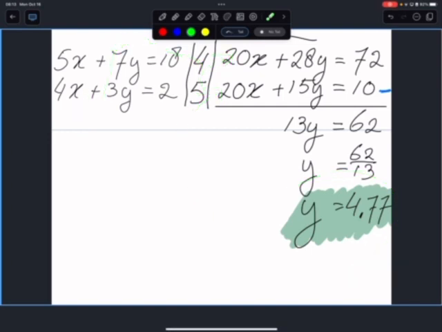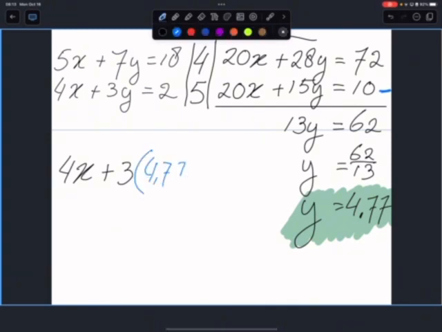It doesn't matter. So 4x plus 3 times 4.77 equals 2.